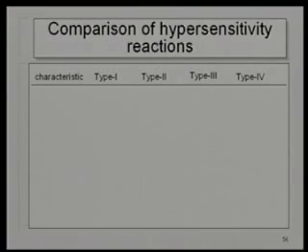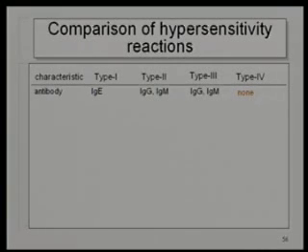If one compares different types of hypersensitivity, you've got a table that summarizes and compares them. Type 1, IgE mediated. Type 2, IgG or IgM, cytotoxic. Type 3, immune complex, mostly IgG, sometimes IgM as well.